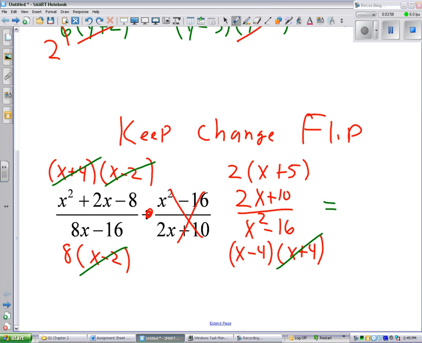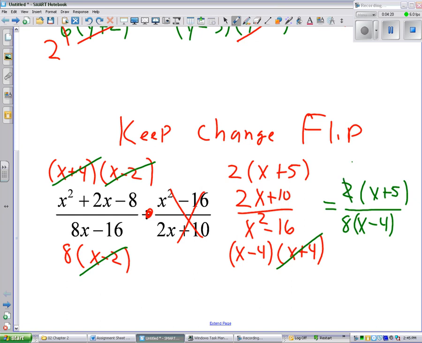What we're left with on the top is 2 times x plus 5 divided by 8 times x minus 4.